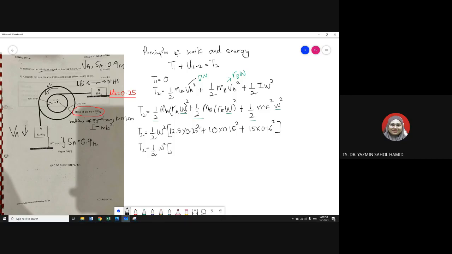If we calculate T2 together, 12.5 times 0.25 squared plus 10 times 0.15 squared plus 15 times 0.16 squared. What do you get? Come on, I calculate faster than you.